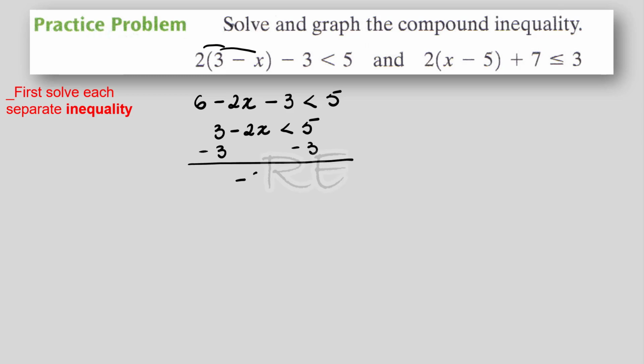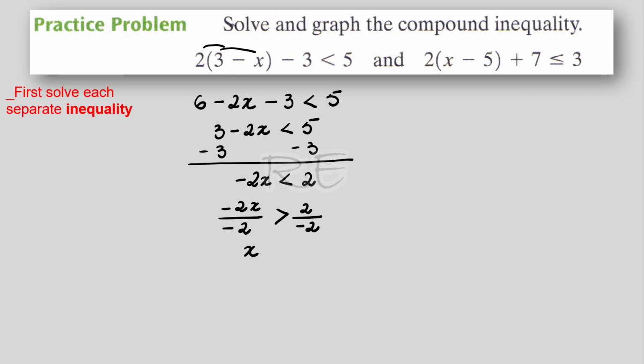Negative 2x strictly less than 2. And after dividing both sides by negative 2, we'll have to reverse the inequality.